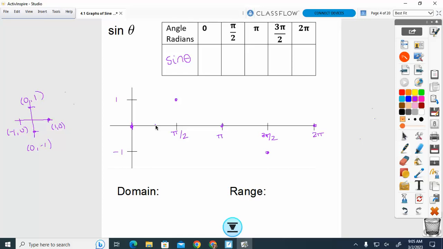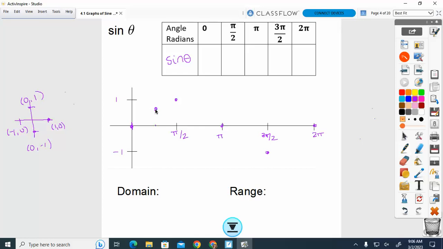What's the sine of 45 degrees? Square root 2/2. What is that in decimal form? .7071.